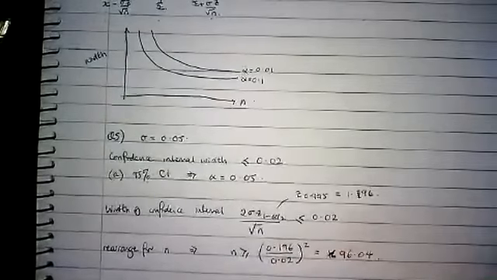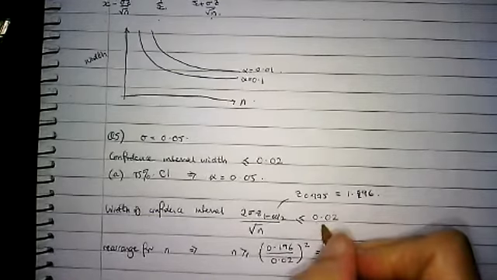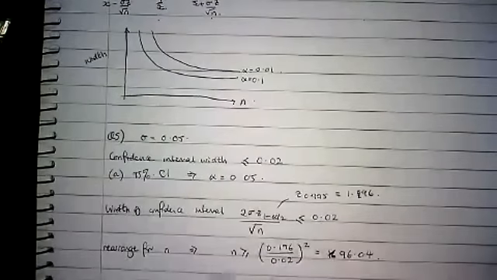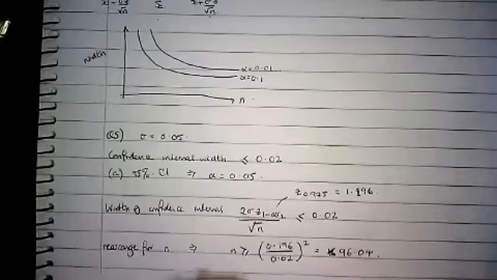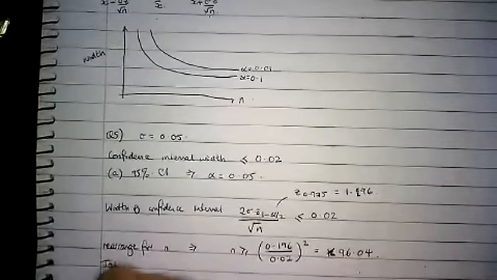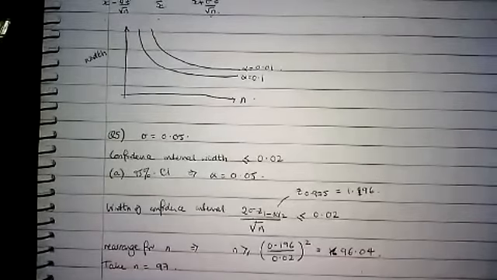So if she wants her confidence interval to be nice and small, to be less than 0.02 across, she's going to have to do 97 experiments. Okay.